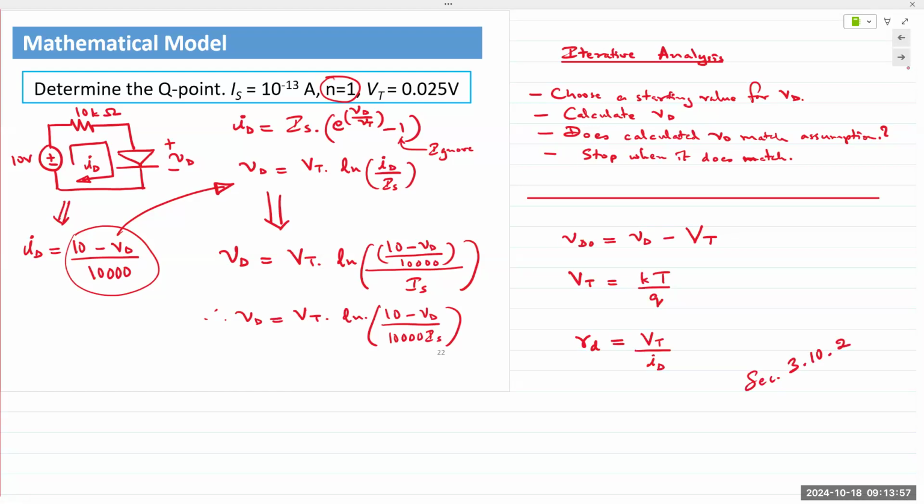Okay. It's basically trying to find a solution for the mathematical equations. And so you would need these equations to solve that first problem in the homework. Okay.